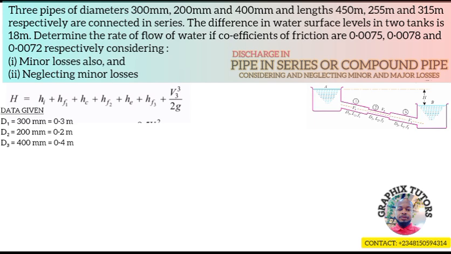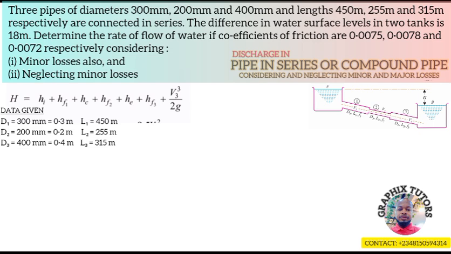Now the next one is the length. The first one here is the length of pipe 1, and that will give me 450 meter, followed by the length of pipe 2, which is 255 meter, followed by the length of pipe 3, which is 315 meter. Now the next one is the friction in each pipe.